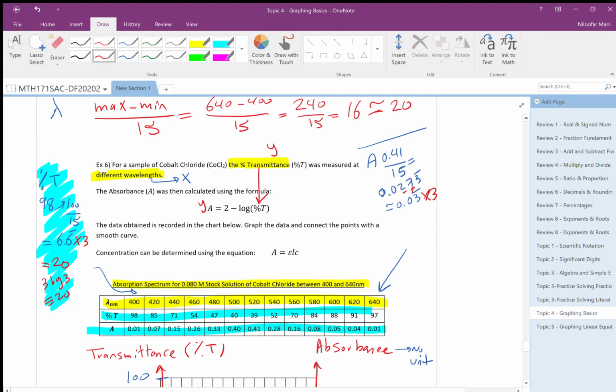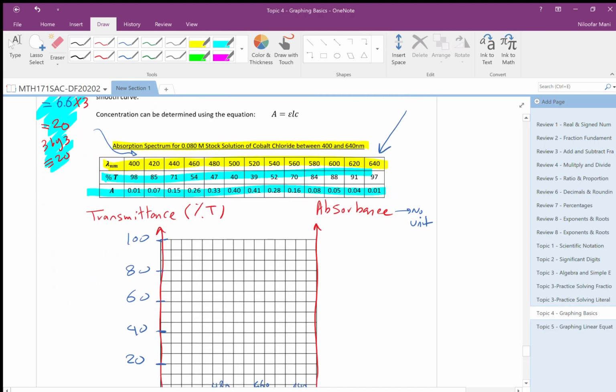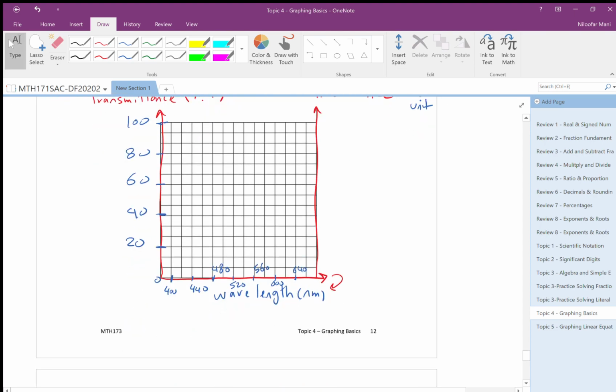I multiply by 3 and I see that's 0.1. Okay, so 3 by 3, I go 0.1. So this is 0.1. This is 0.2, 0.3, 0.4, 0.5.